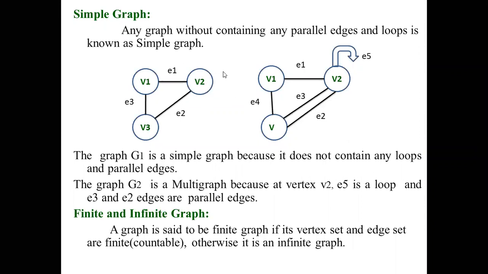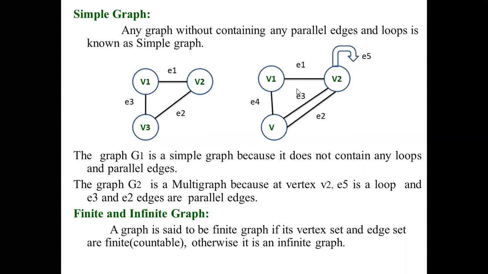So a graph without any loops and parallel edges is called a simple graph. In this example, the first graph represents a simple graph because it doesn't contain any loops or parallel edges. The second graph is not simple, as it contains parallel edges.